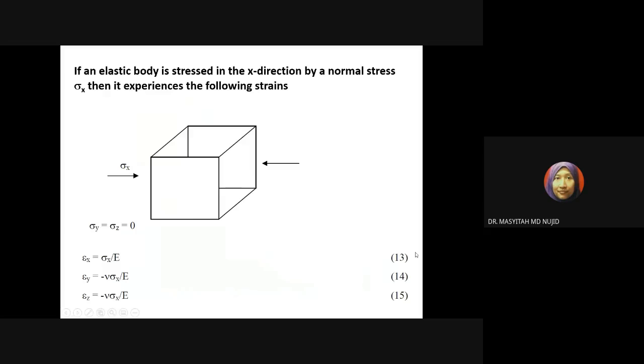Okay, this is similar if an elastic body is stressed in the x direction by a normal stress, sigma x. And how does this material experience the stress itself and also epsilon, the strain, in the x direction, y direction, and z direction. So for this case, due to the force only in the horizontal, lateral direction, sigma y and sigma z are equal to 0.